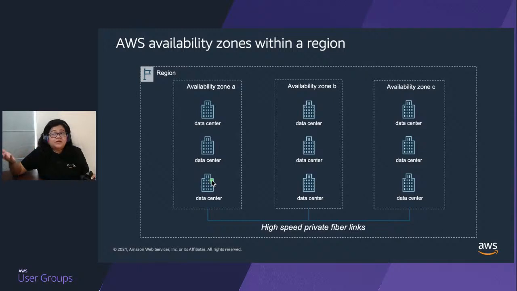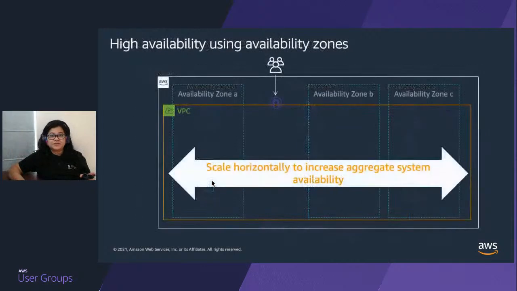So even if one availability zone dies, your application still runs on another availability zone. You have learned this in your auto scaling session yesterday, I'm hoping you have, but these data centers are still connected, but they are still isolated. So even if one data center has an issue, your application will continue running across different availability zones.